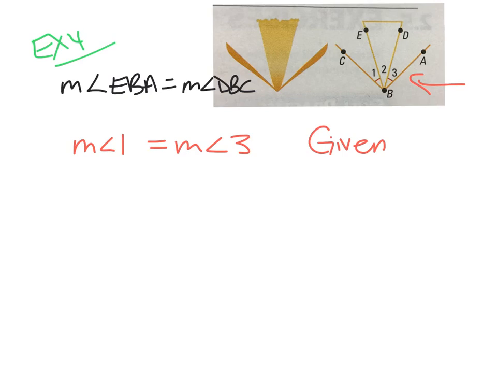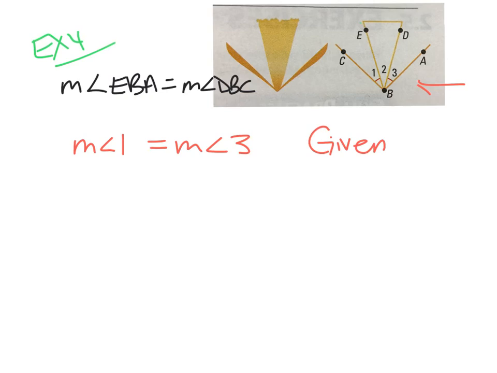Okay, now we're trying to get to, let's see here, I want to see if EBA equals DBC. So that's what we're trying to get to while we do all this. In order to do that, we need to prove that the angles equal each other.